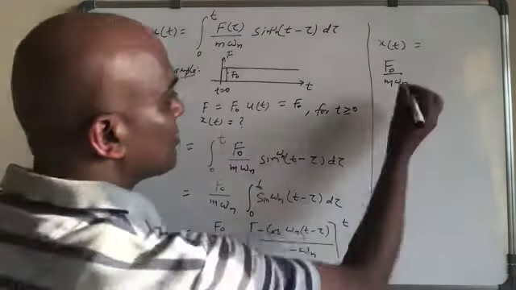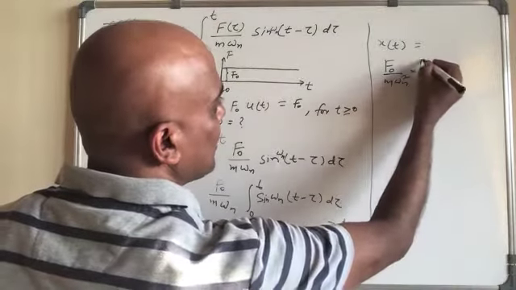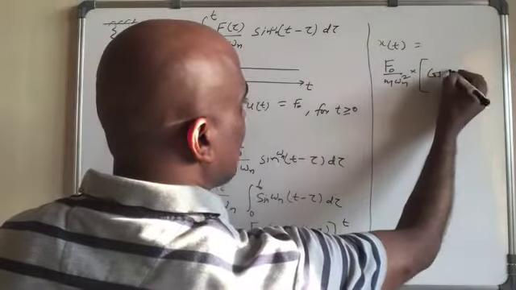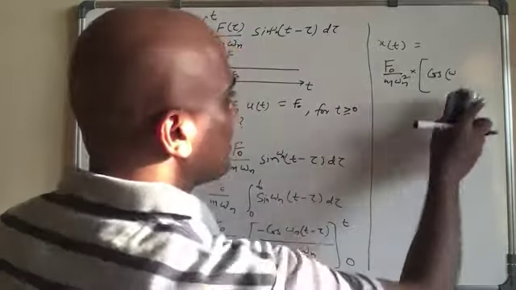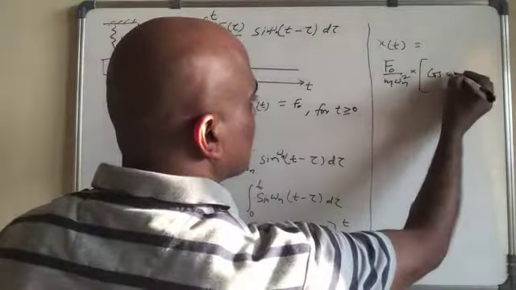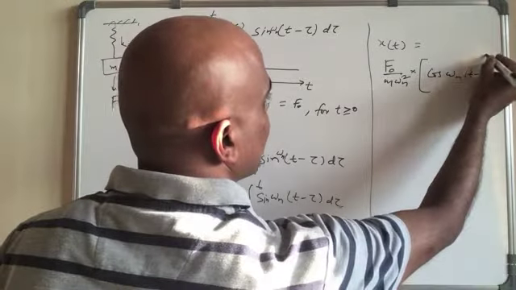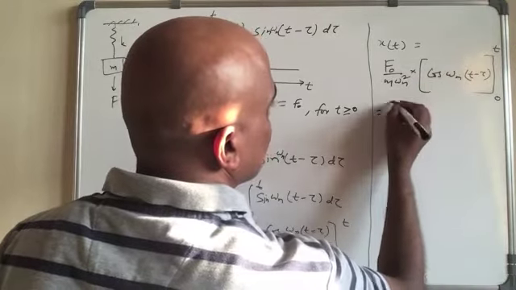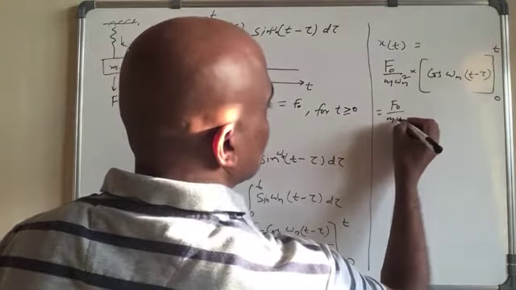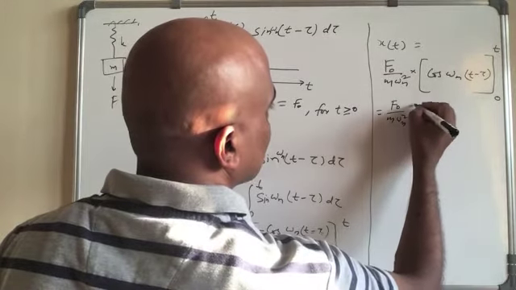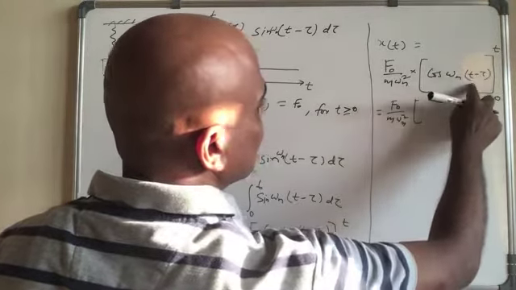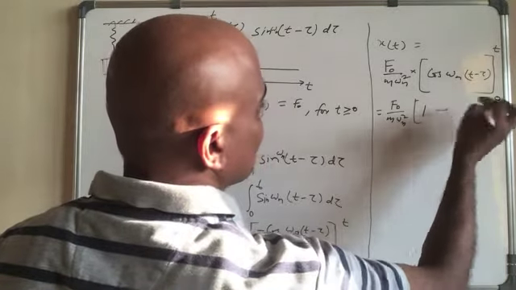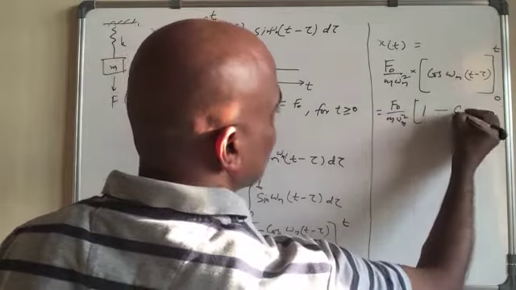Take omega n here, so we get omega n square, and then minus plus, so you have simply cos omega n t minus tau, and from t to 0 equal to f naught over m omega n square, and here you put t here, to t minus t 0, so it becomes 1 minus 0 here, so it becomes cos omega n t.